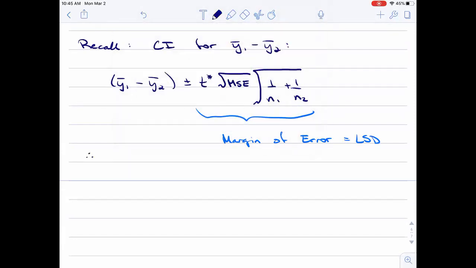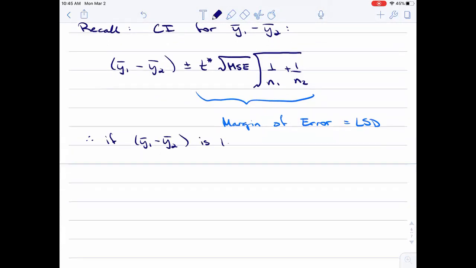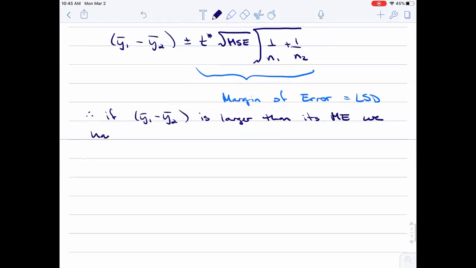So therefore, if y1 bar minus y2 bar is larger than its margin of error, we have a significant difference.